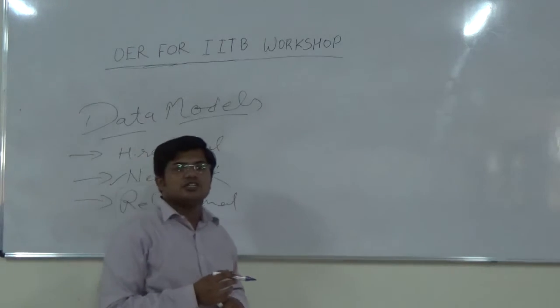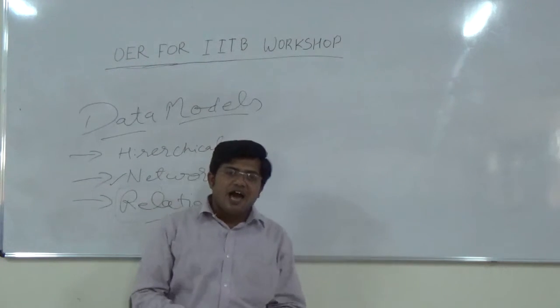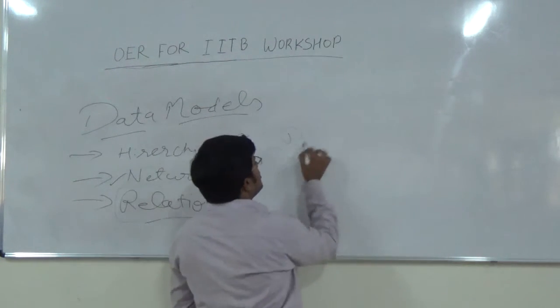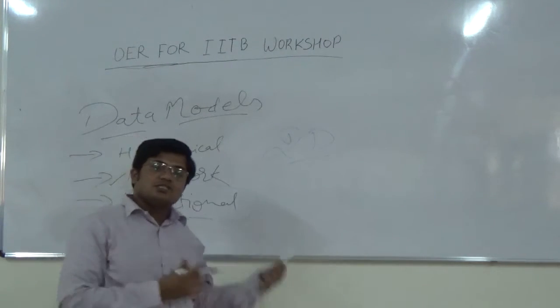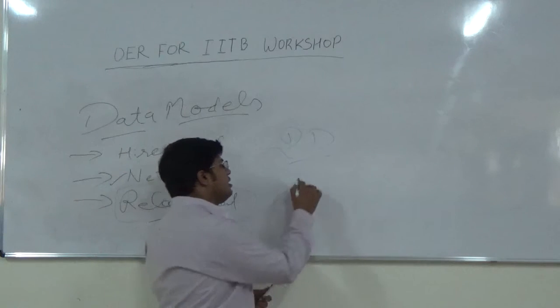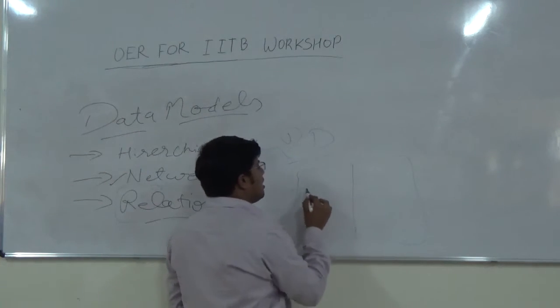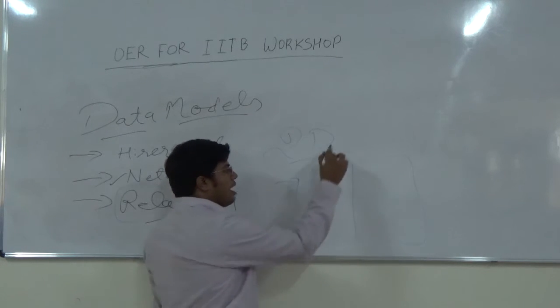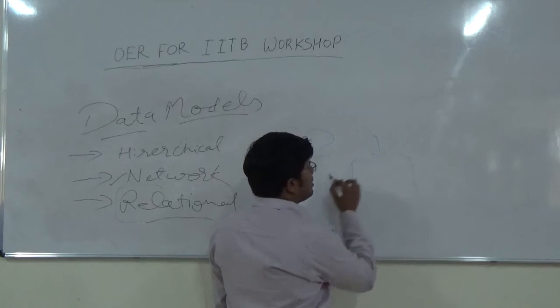The relational data model is like a tuple view, a two-dimensional architecture of data. To represent this 2D architecture we use a tabular representation, with rows and columns. These rows and columns make a tuple.